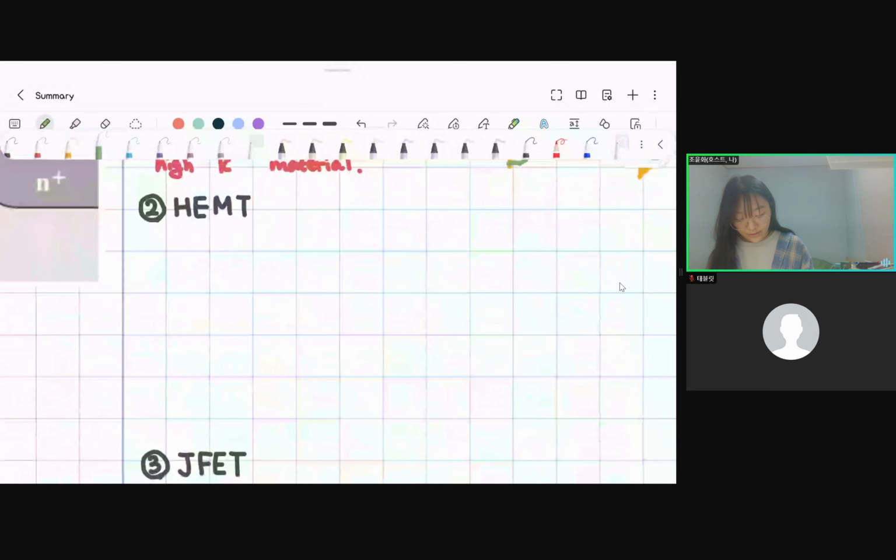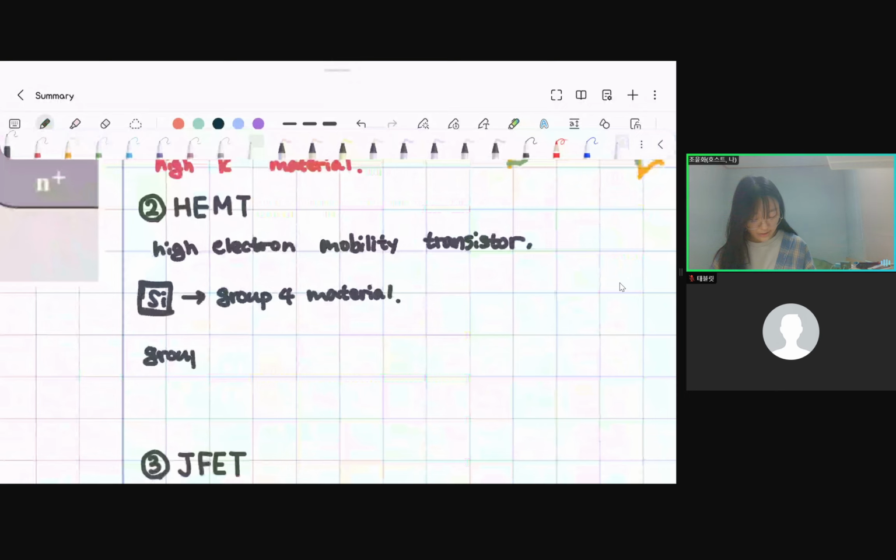But silicon has a disadvantage: its mobility is not very good. So by using group 3 and 5 materials, we can enhance the mobility. So by using group 3 and 5 materials, we can make a transistor. So it is a HEMT. But nowadays, we don't usually use this transistor.